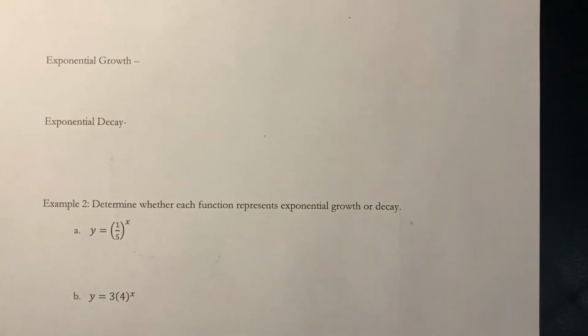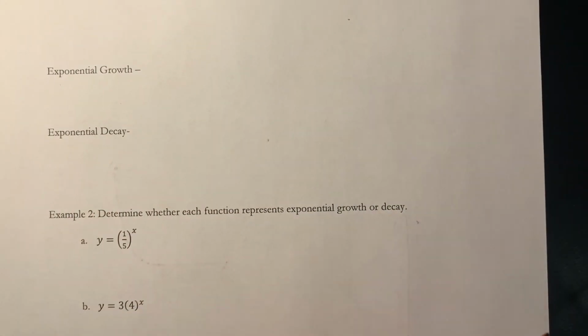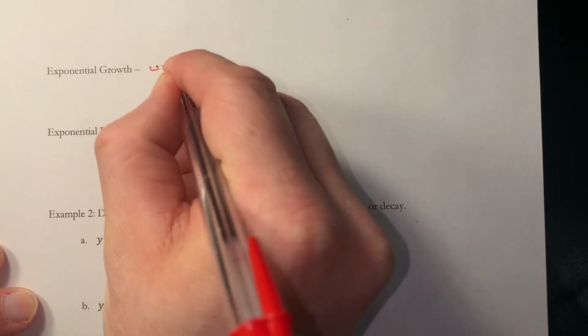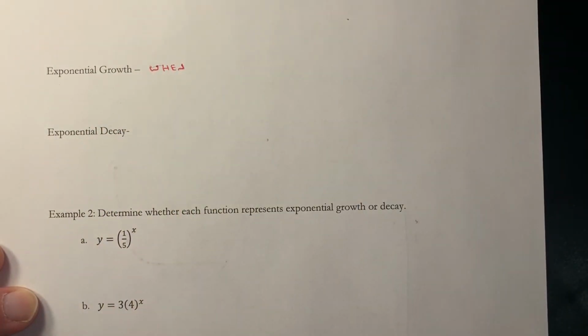Okay, so exponential growth occurs when the amount added is proportional to the amount that already is present.